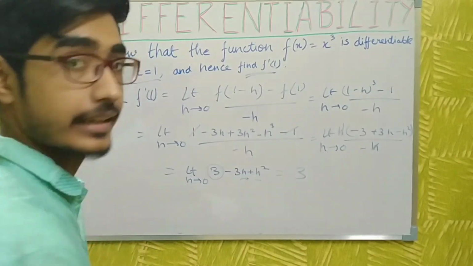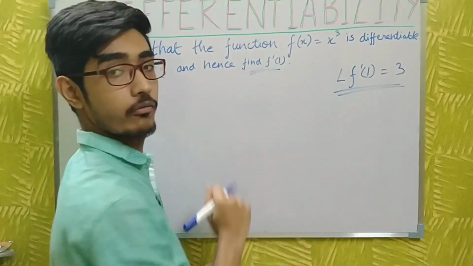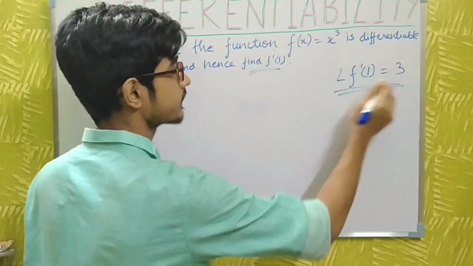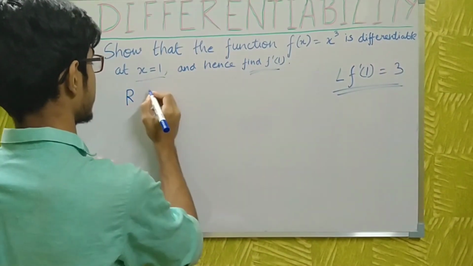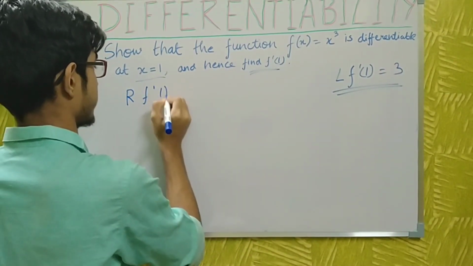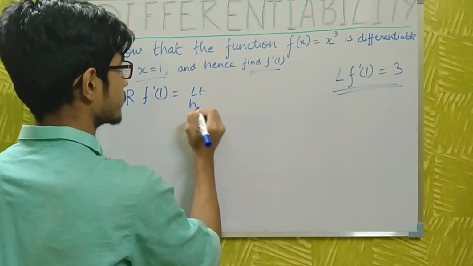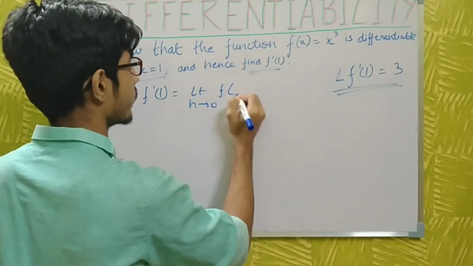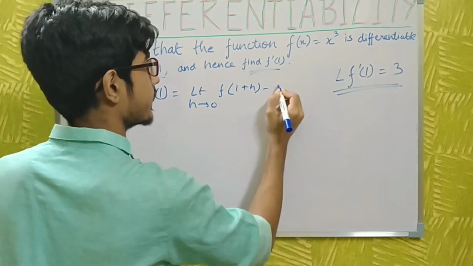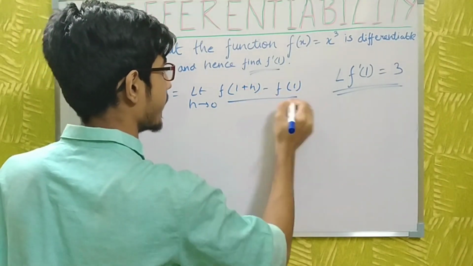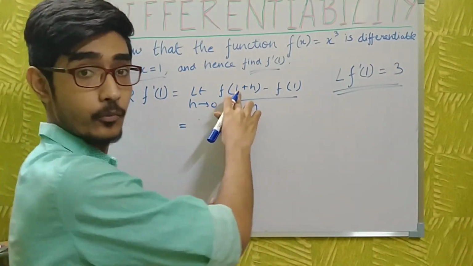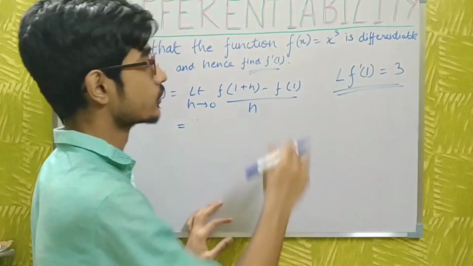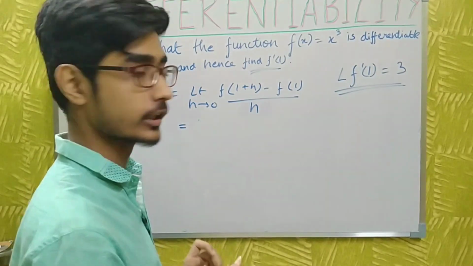Now I am going to do the right hand derivative. I have written the value of the left hand derivative here, that is 3. The right hand f dash 1 is limit h tends to 0 of f of 1 plus h minus f of 1 by h. As it is f of 1 plus h, it will be 1 plus h whole cube.